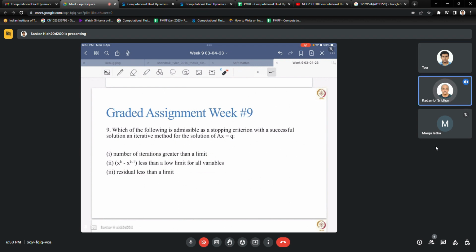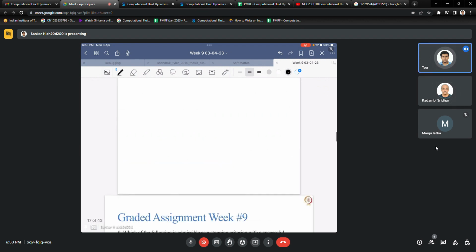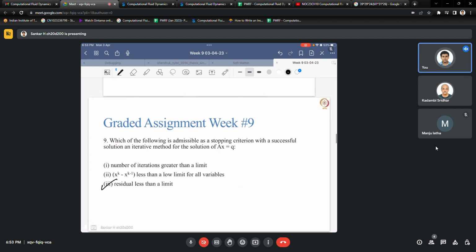I chose residual. I just applied common sense. This is generally the factor that is being taken into account. Even after 100 iterations, you may not get a convergent solution. You are not necessarily getting a proper answer by setting the number of iterations greater than a limit.